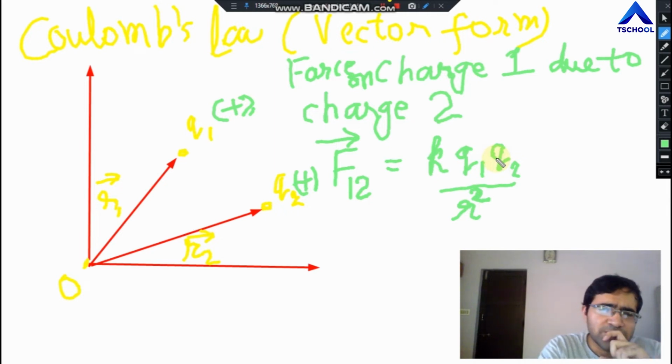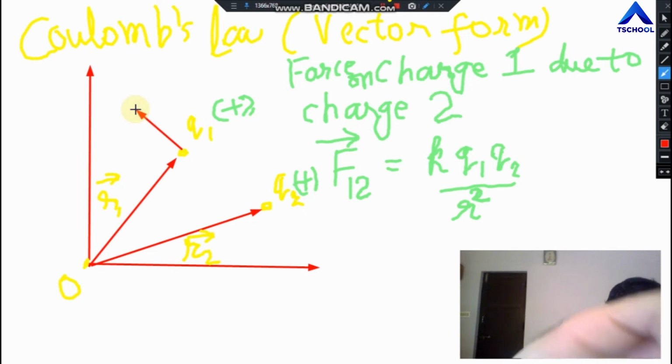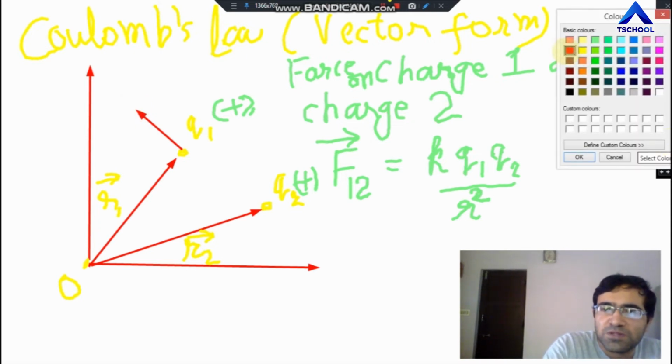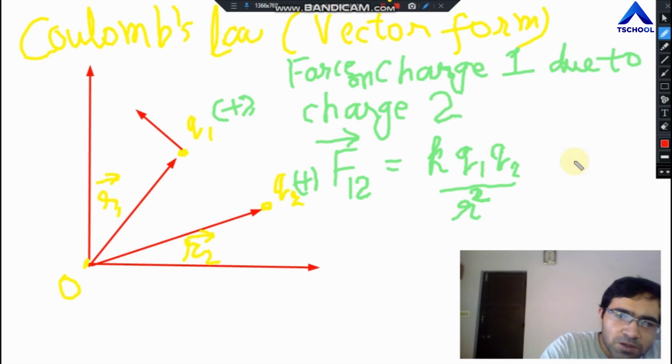Now we want to talk about direction, and we have said that both of these are positively charged. That means they are going to repel, correct? So because they repel, the force on 1 due to 2 will be in this direction, which is exactly the opposite direction from where charge 2 lies.